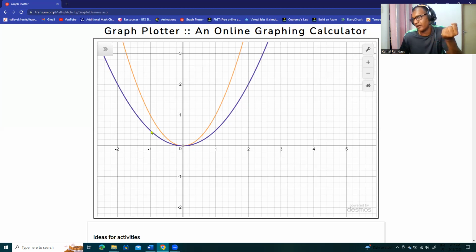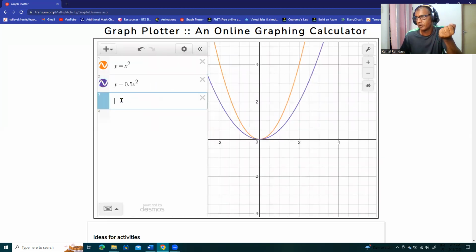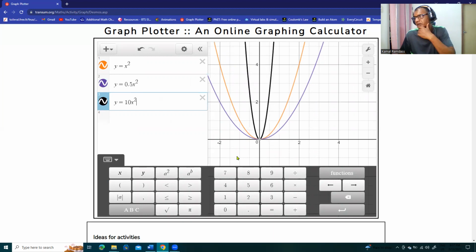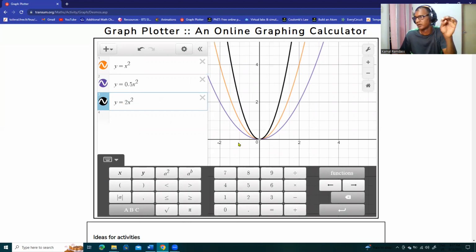Il peut shrink by half, pour la moitié. Par contre, si on met y is equal to, allons dire 10 x square. Qu'est-ce qui est arrivé? Ah, trop beaucoup. 2x square.